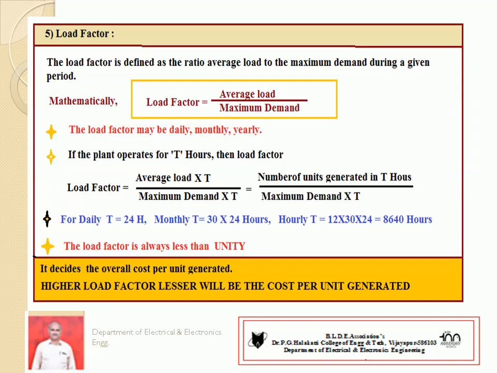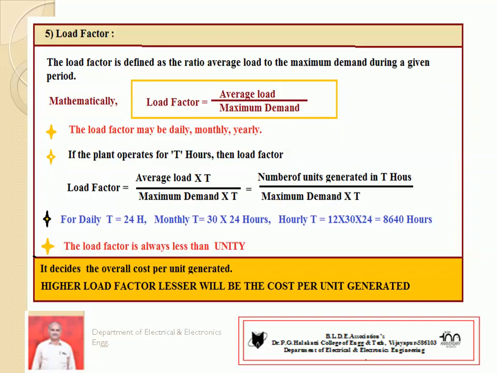Next important factor, load factor. Load factor is defined as average load divided by maximum demand. Once again, it is defined as average load divided by maximum demand. The load factor may again be daily, monthly or annual. For example, let T be the time considered for load factor or time of operation of a plant.